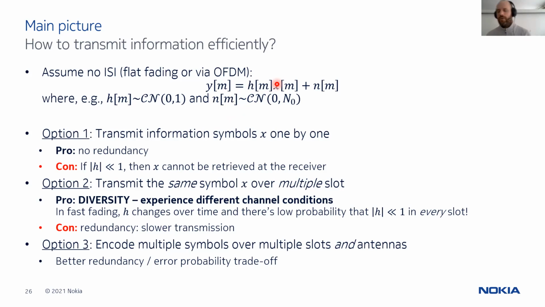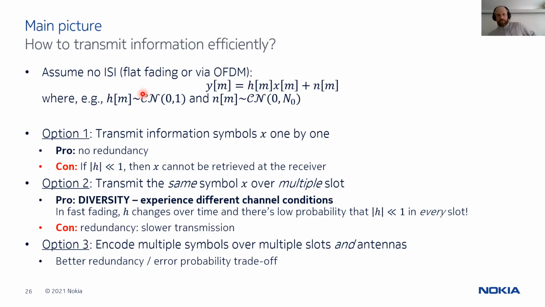One of the main problems is that this h is a complex number that varies over time and can be very small in amplitude or very big in amplitude. It's essentially a random variable.